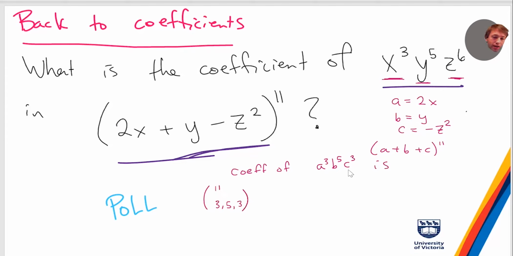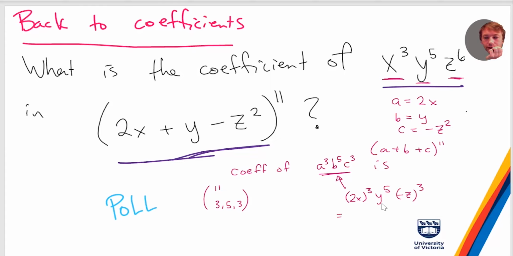But then we can plug in our x, y, and z again. This thing is equal to, well, a cubed is 2 cubed times x cubed. I won't skip steps.